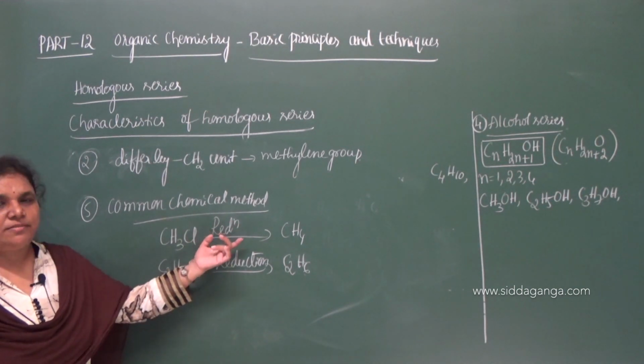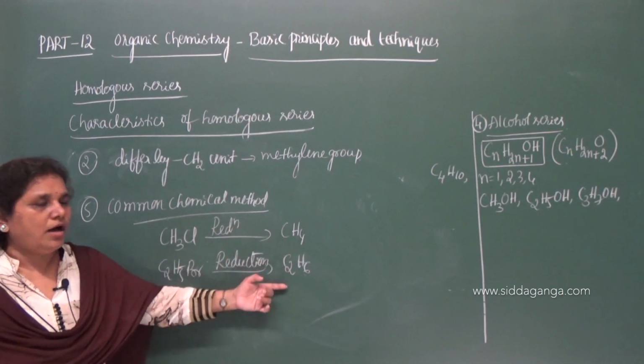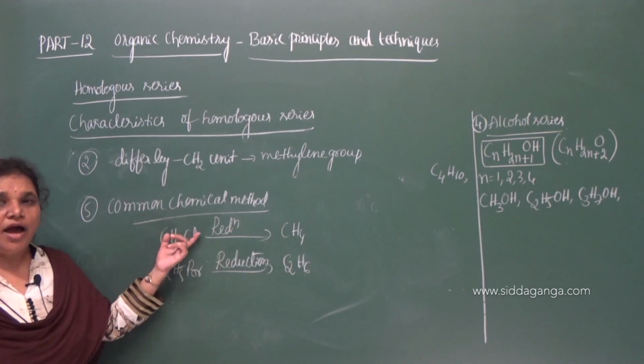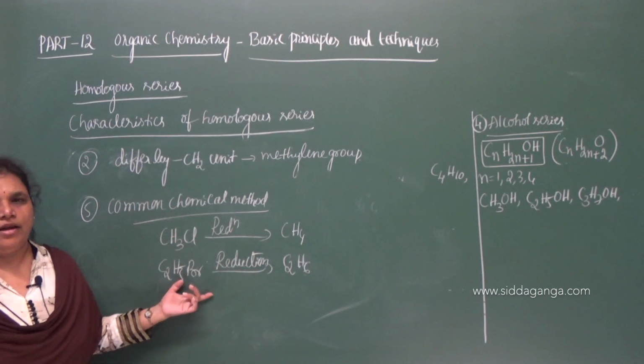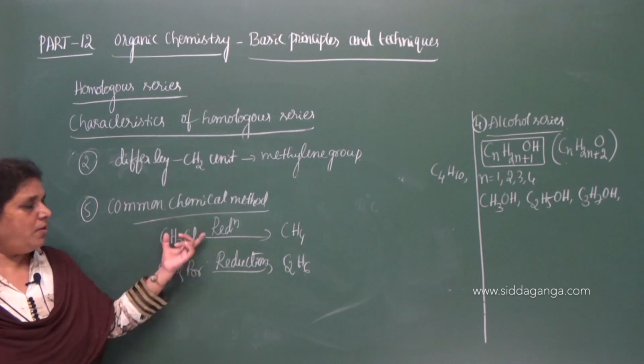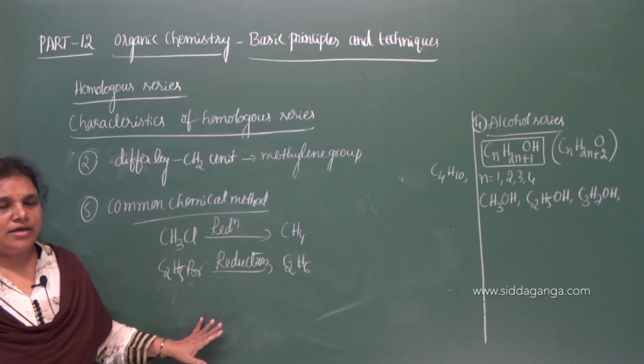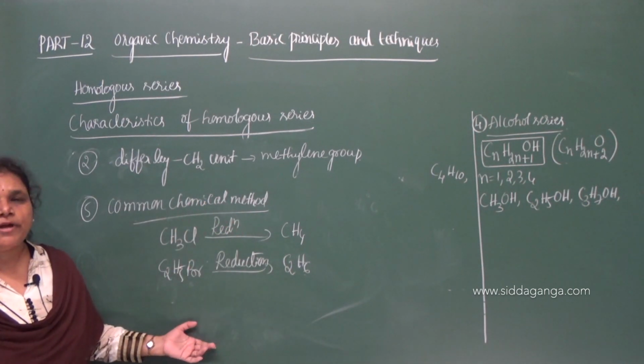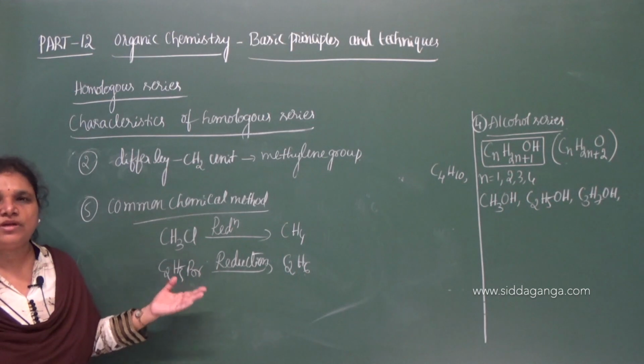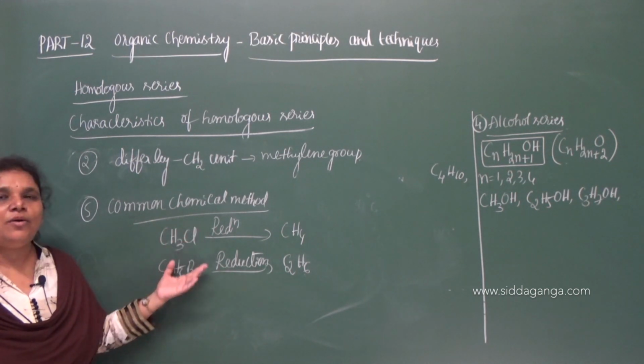Reduction is the method to get alkanes from the halogen derivatives of alkanes, or haloalkanes. When haloalkanes undergo reduction, you get the respective alkane. Similarly, alcohols are obtained by nucleophilic substitution reactions of haloalkanes.